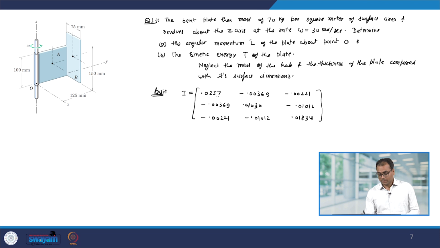Okay. So, note that these are the moments of inertia about the x, y and z axis, and the rest of them are the products of inertia.